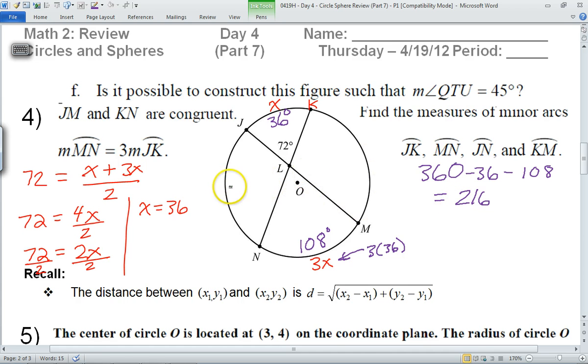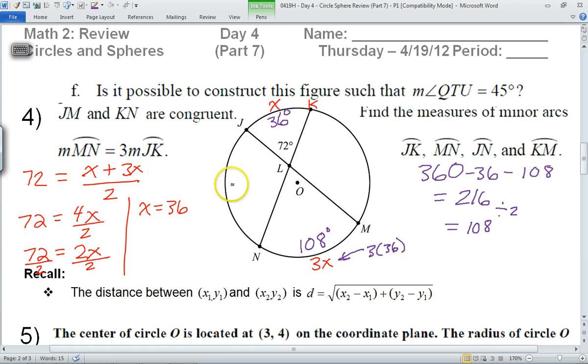But how do I know how much to put on each one? Divided by 2. We're told that JM and KN, they're congruent. They're the same. So we have symmetry. So divide by 2. And what do you get then? 108.